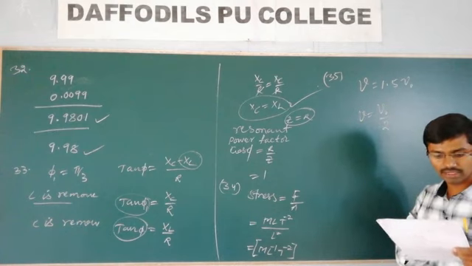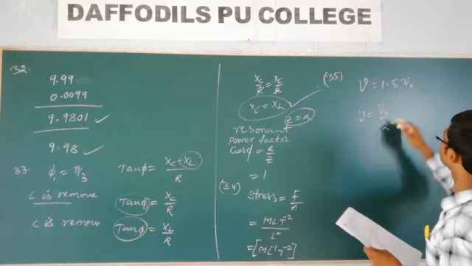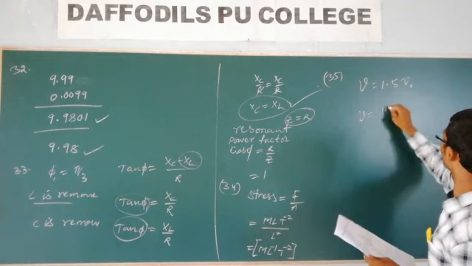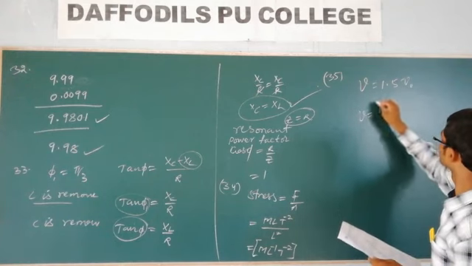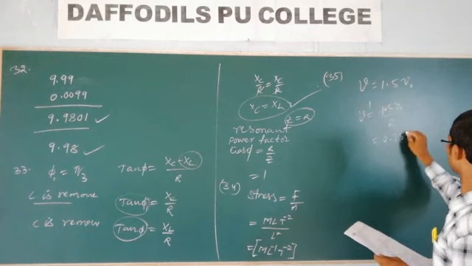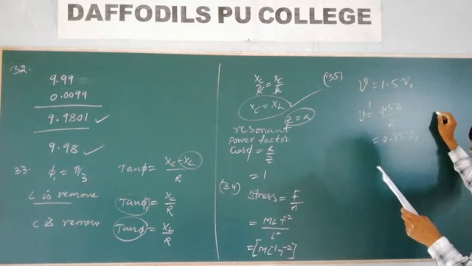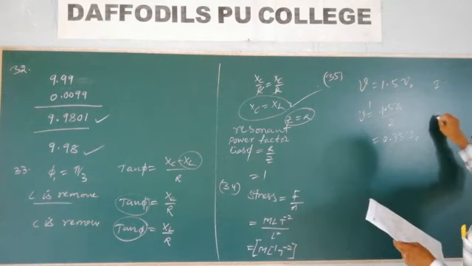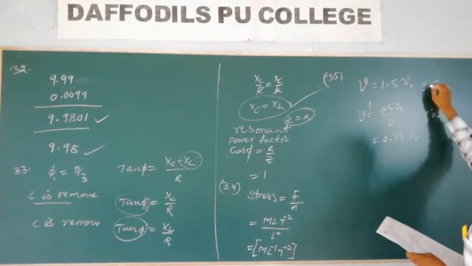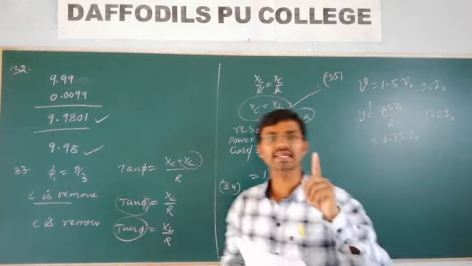What will be the photoelectric current if the frequency is halved and the intensity is doubled? Frequency halved means 1.5 nu naught by 2, that is equal to 0.75 nu naught.